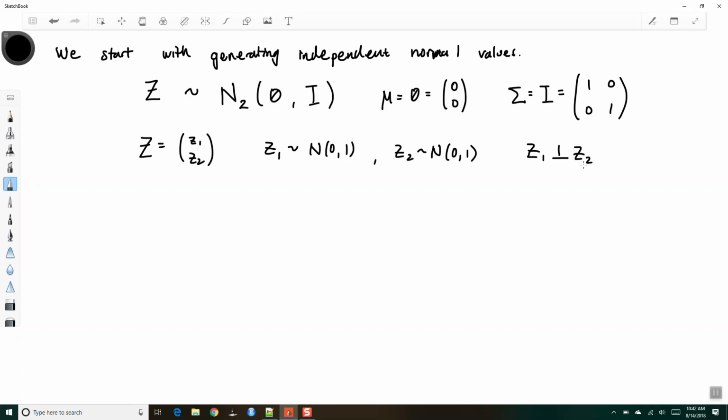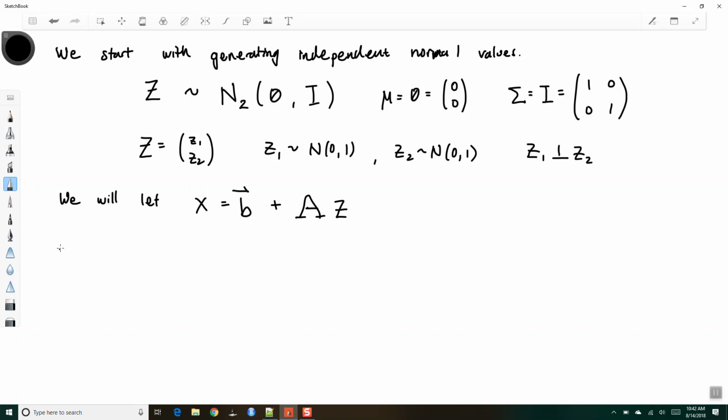So we'll start off with this, and then what we will do is we will let X be some vector B plus some matrix A multiplied by Z. I'll just say X is this, okay?